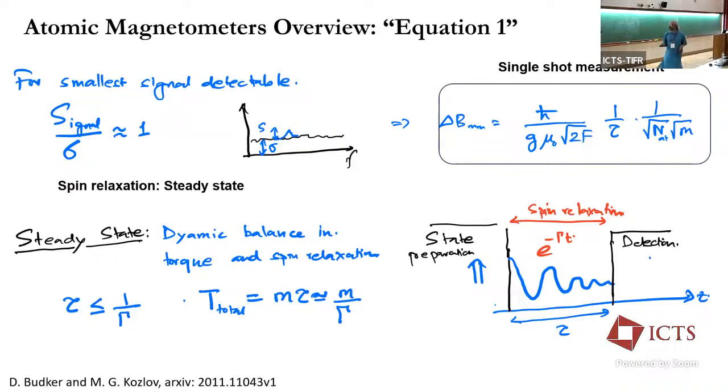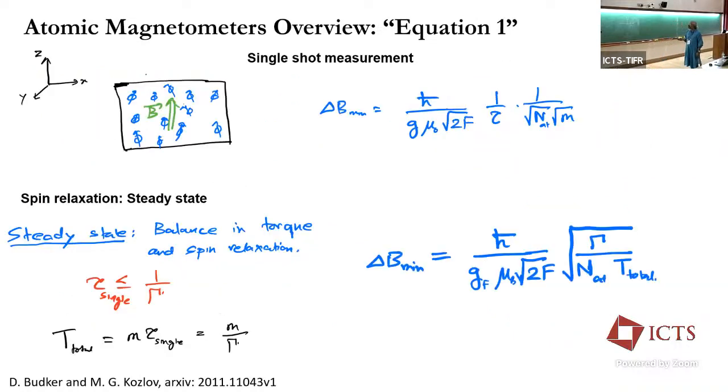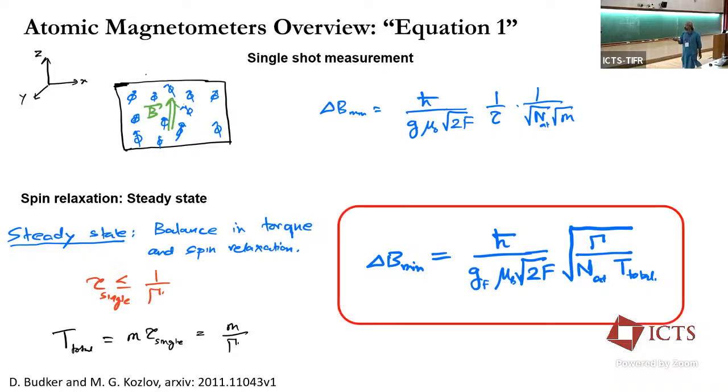If you put all that in, this equation was basically this, but now tau got replaced by 1 over gamma, which went upstairs, and m got replaced by gamma times T. So there's a square root. There's a square root of gamma, number of atoms, T total, and then there's this atomic constant.